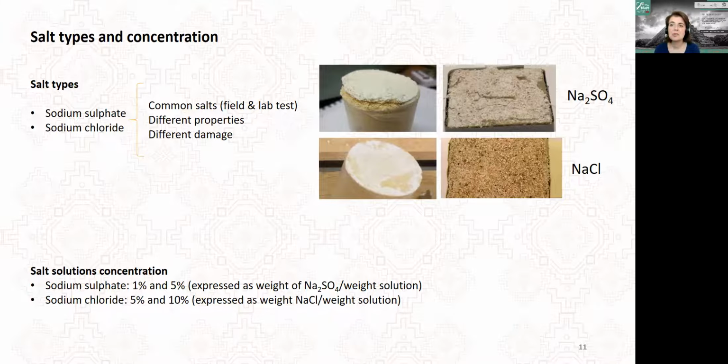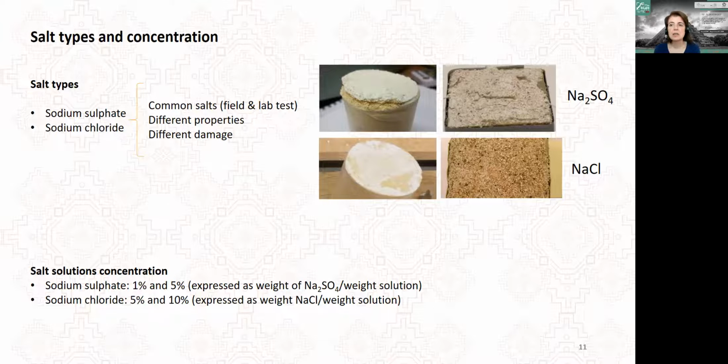This difference is due to the different aggressiveness of the salts, and has been decided in order to have a solution whose salt content is still high enough to produce damage, but at the same time still realistic based on the data we have from the site.